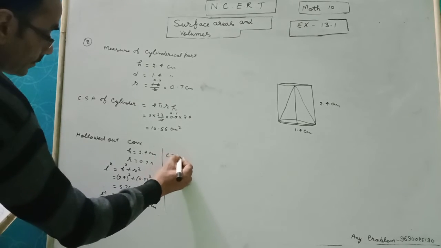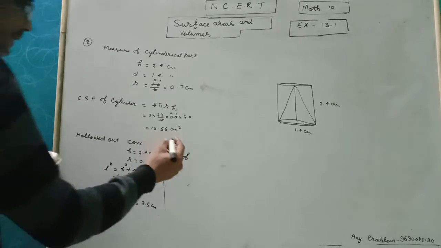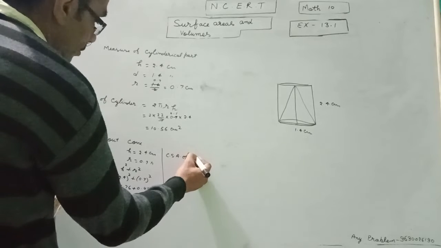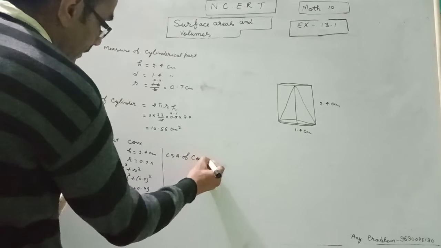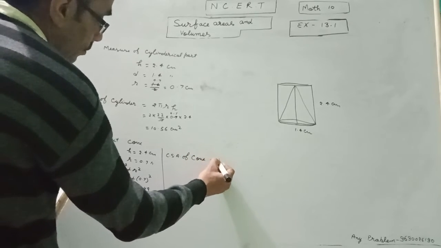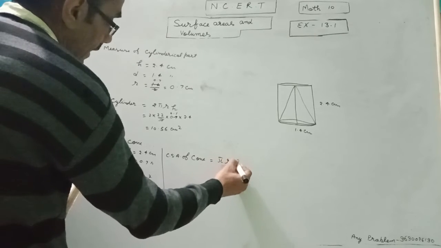CSA of the conical cone is equal to pi RL.